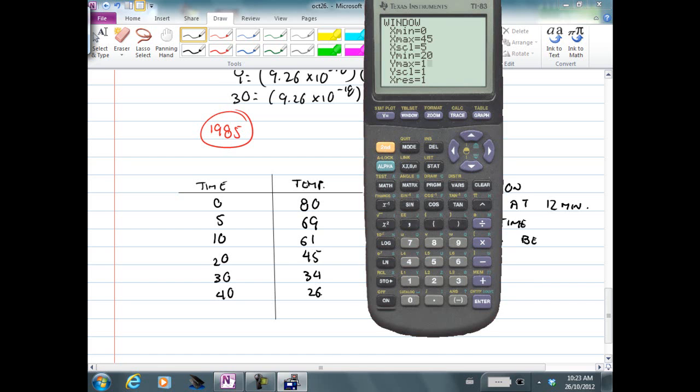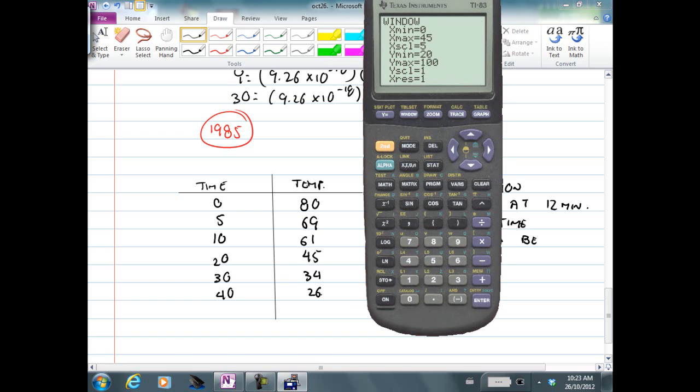Oh yeah, good point, 100. My scale, I may want to set to 10. Everyone's equation will be different, but in the end, our results will be the exact same thing. So what I'm going to do, I'm going to hit graph just to see what it looks like. It sort of looks like it's going exponential decay.